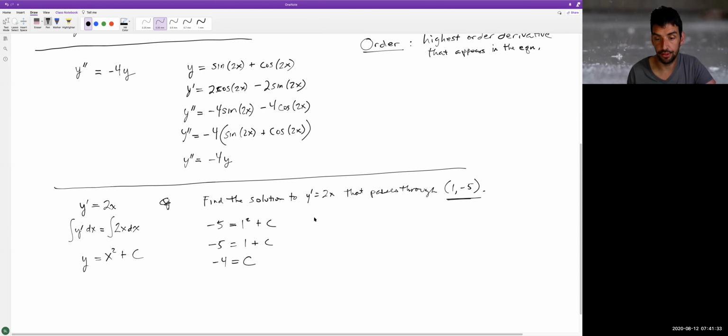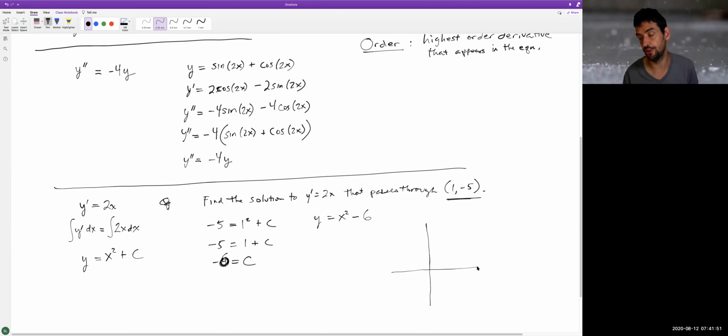And so now the solution becomes y equals x squared. Oops, I can't subtract numbers. This is -6, right? So what we've done here, if you remember those graphs I looked at yesterday, this general form is a family of functions, right?